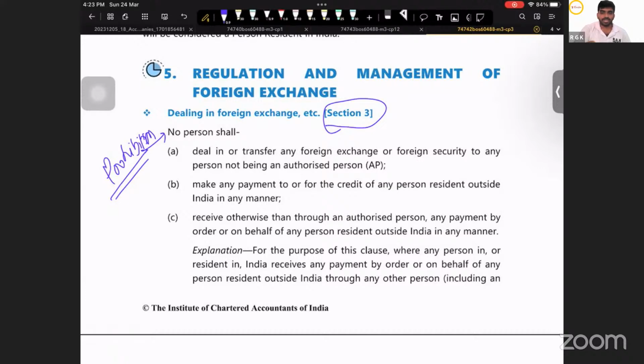ಅಂದ್ರೆ ನಿಮ್ಮ ಹತ್ರ ಫಾರಿನ್ ಕರೆನ್ಸಿ ಇದೆ, ಆ ಫಾರಿನ್ ಕರೆನ್ಸಿಯನ್ನು ಅಥರೈಸ್ಡ್ ಪರ್ಸನ್ ಅಲ್ಲದೇ ಇರುವ ಪರ್ಸನ್ಗೆ ಸೇಲ್ ಮಾಡ್ಲಿಕ್ಕಿಲ್ಲ. ನಿಮಗೆ ಫಾರಿನ್ ಎಕ್ಸ್ಚೇಂಜ್ ಬೇಕು, ಅಥರೈಸ್ಡ್ ಪರ್ಸನ್ ಅಲ್ಲದವರ ಹತ್ರ ಪರ್ಚೇಸ್ ಮಾಡ್ಲಿಕ್ಕಿಲ್ಲ. ಫಾರಿನ್ ಸೆಕ್ಯೂರಿಟಿ ಕೂಡ ಅಷ್ಟೇ. For example, your friend comes from a foreign country, he has some dollars.